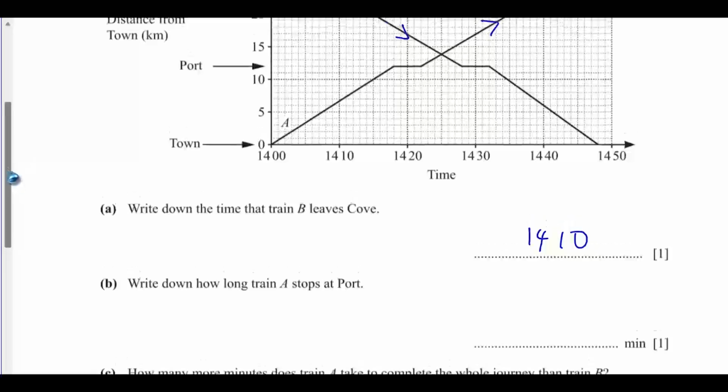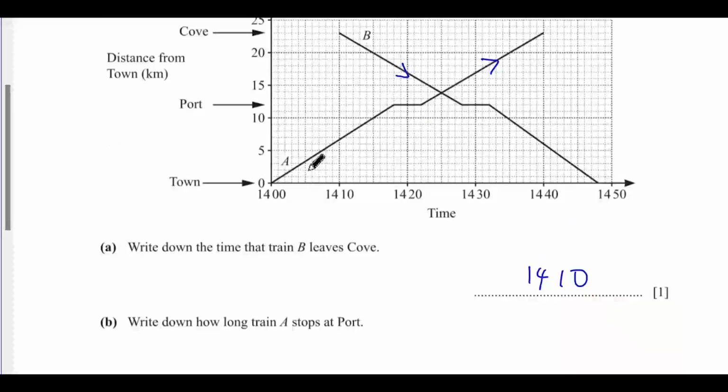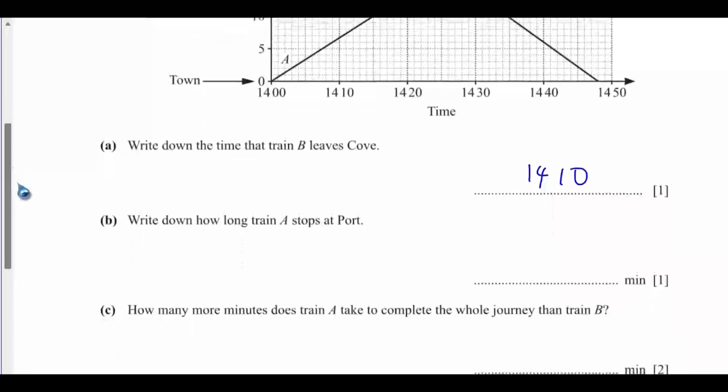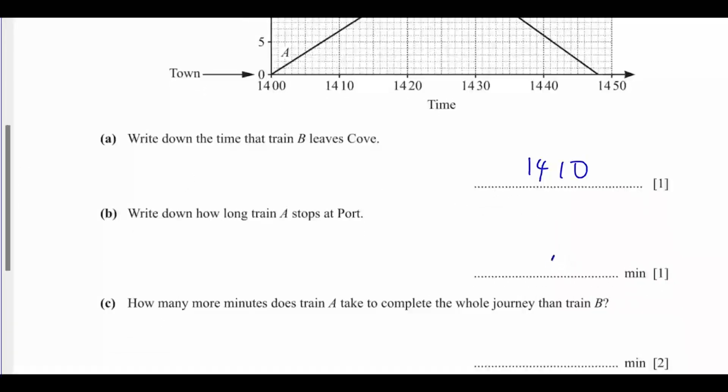Okay, train A, where is train A? This is train A, so it stops at port from here. Okay, so this point here. If you count 1, 2, 3, 4, so that is 4 minutes, as each line represents a minute. So we have 4 minutes there.